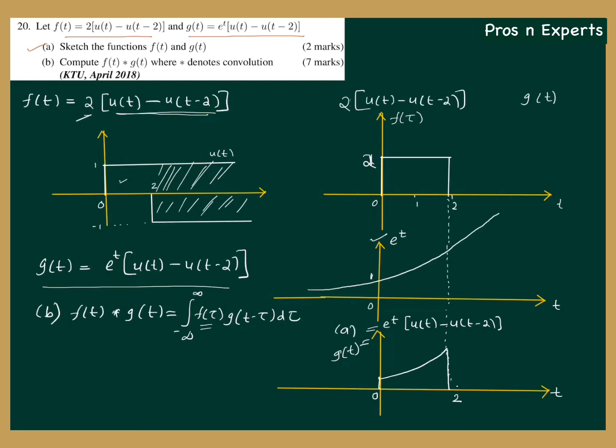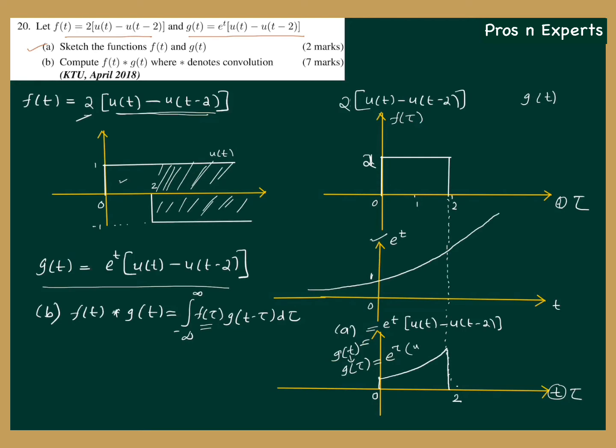This is f of tau. Then we have g of tau here. G of t can be converted to g of tau only by changing the index to tau. Here also the index is tau, no other difference. So you have g of tau. Now g of tau is actually e raised to tau. There is no need to write u of tau minus u of tau minus 2 now.